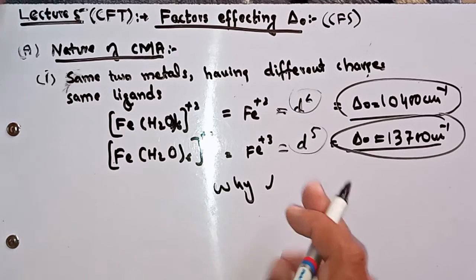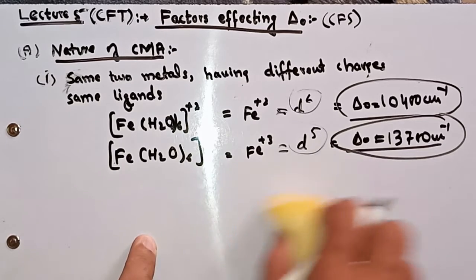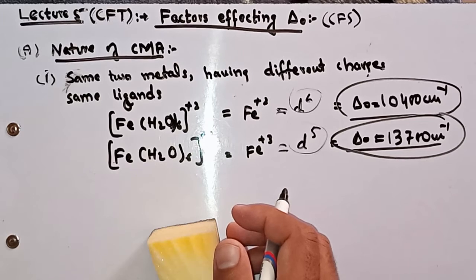Why, when the oxidation state is high, do high oxidation states have a high del naught value?